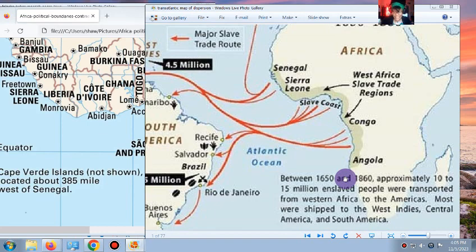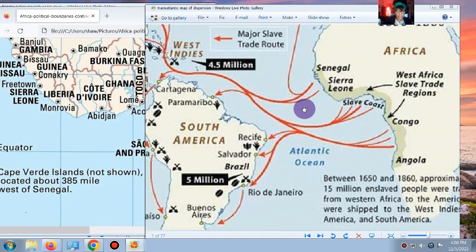So they were studying this area before they started taking us from our tribes, which I'm going to show you matches up with the Jewish colonies. Most were shipped to the West Indies, Central America, and South America.